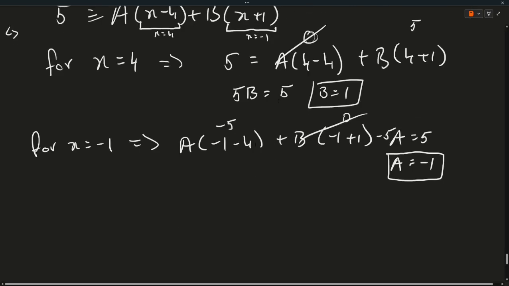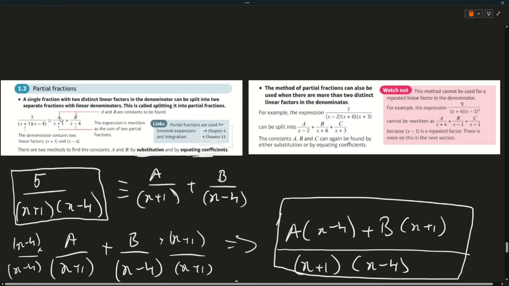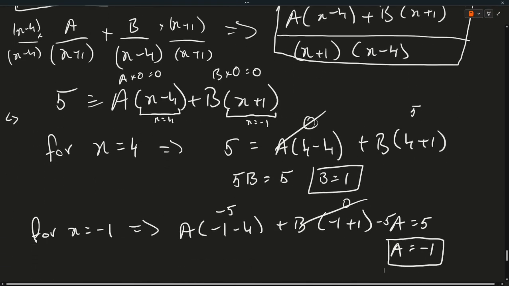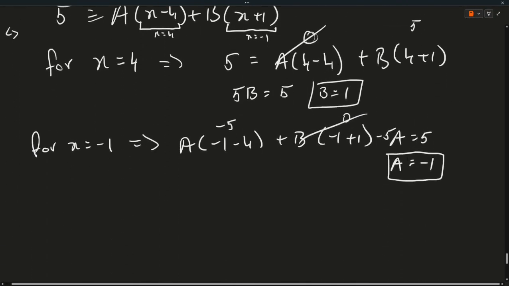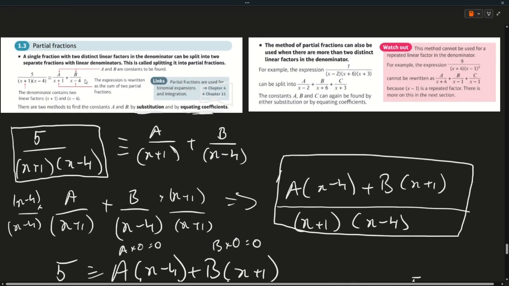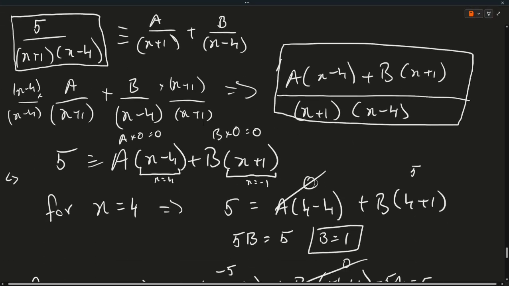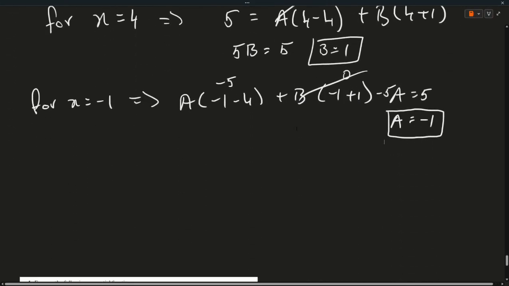Now, it doesn't matter which order you put the a and b. In the question, they've given you an example: a over x plus 1 and b over x minus 4. You could, for example, have a over x minus 4 and b over x plus 1. It doesn't actually matter, but you need to be self-consistent. Here, we have labeled a as being the numerator of x plus 1, so we need to keep that consistent.